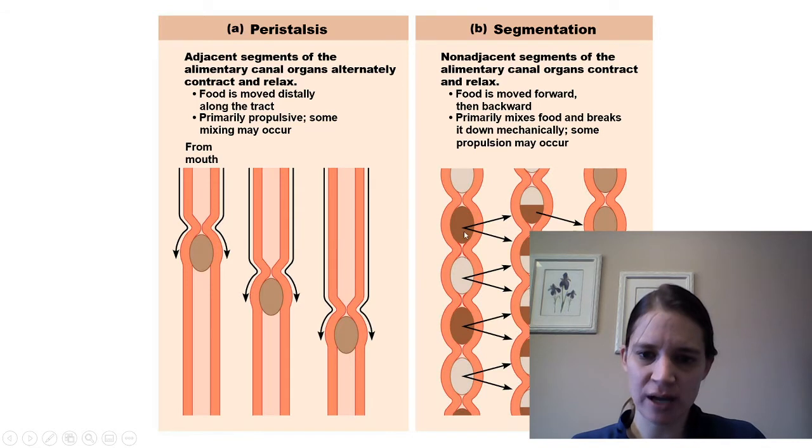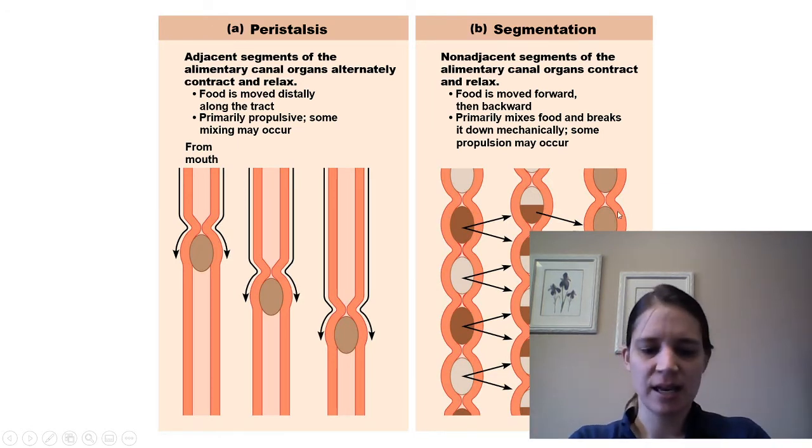So these are all contract, and you have different food and digestive juices here. Contract, contract, contract. But then you contract in different spots, so you mix stuff together. These were here, then you contracted right here, but relaxed this, but contracted there. These portions mix. And then you go back and forth.